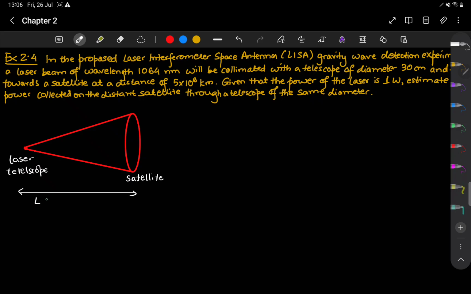I'll call it L, which is 5 into 10 to the power 6 kilometers. And let's call this angle of divergence theta. This angle is theta. And this radius here at the satellite, I will call it RF, F for final.